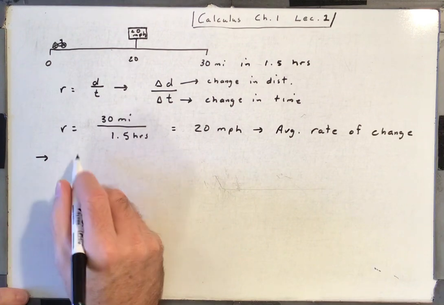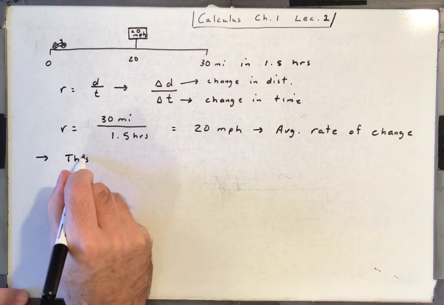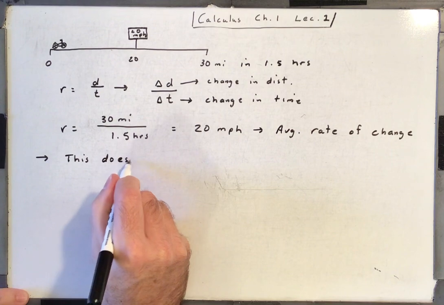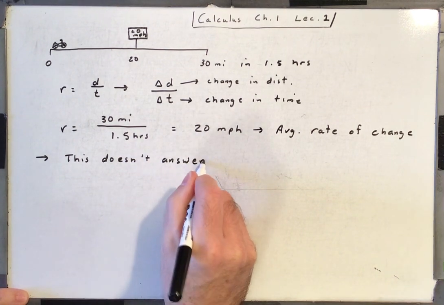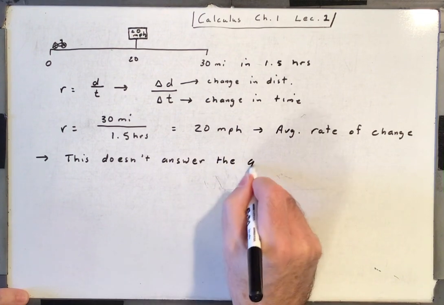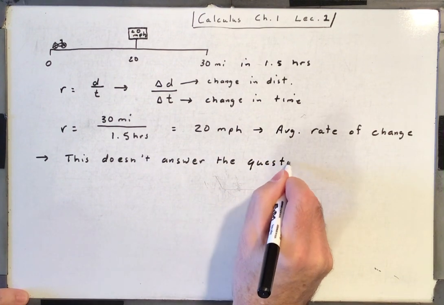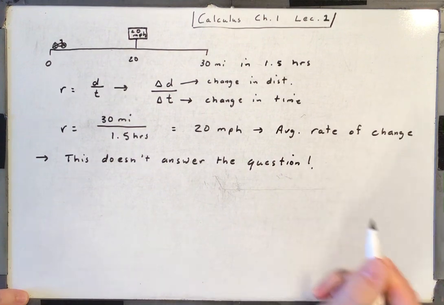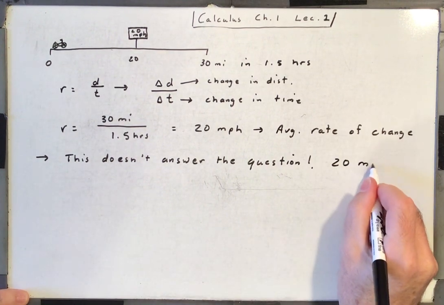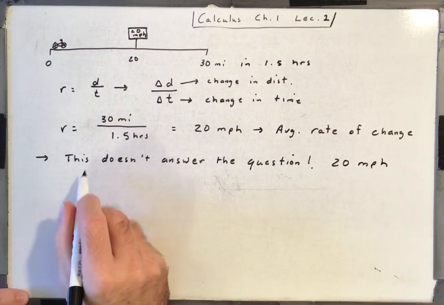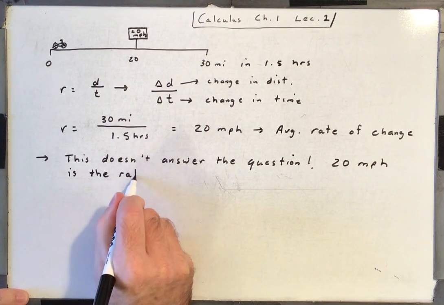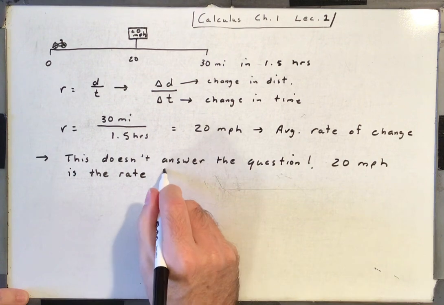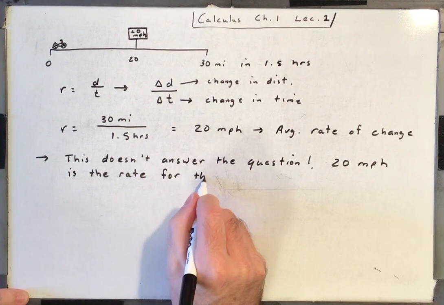This doesn't answer the question. 20 miles per hour is the rate or the speed for the entire journey.